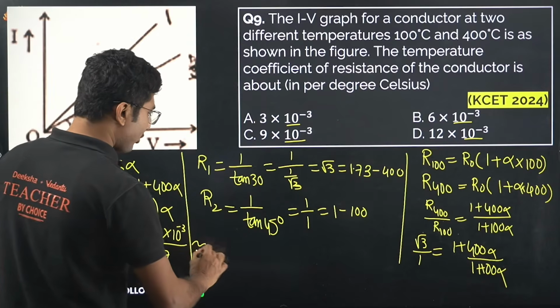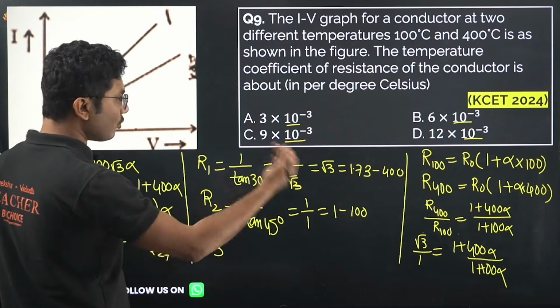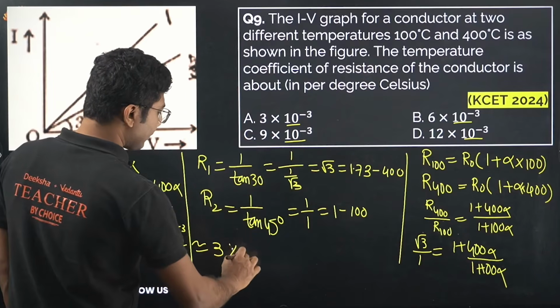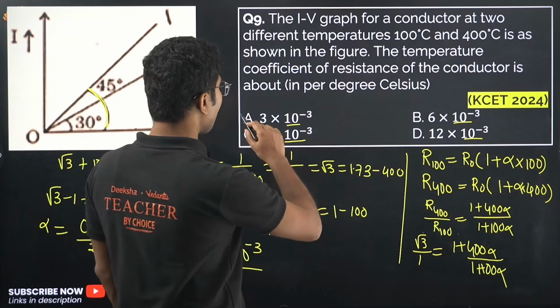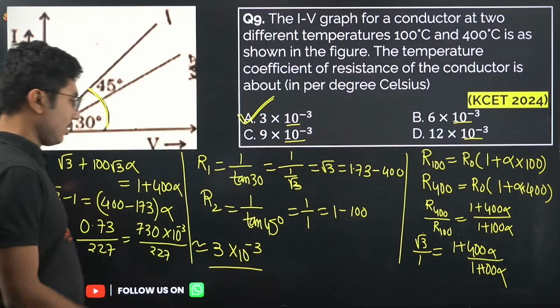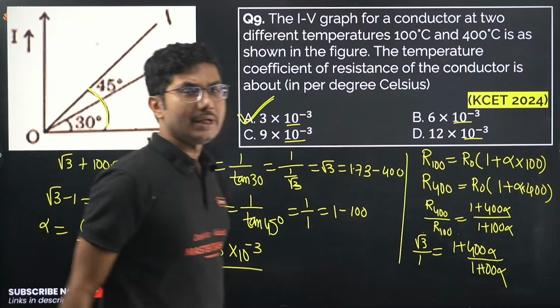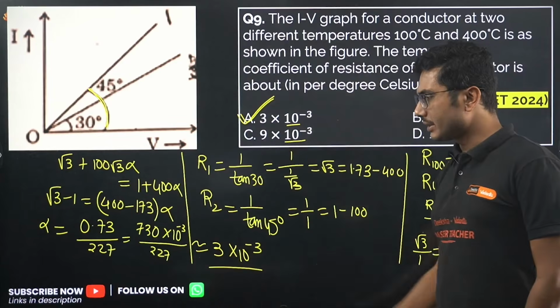So the result is approximately close to 3, slightly more than 3. So 3 into 10 to the power of minus 3. If you see the options, only one makes sense, which is this. It will be slightly more than 3, but approximately the correct answer is 3.